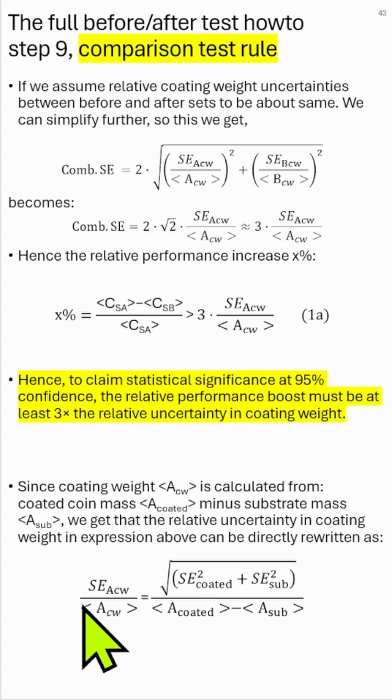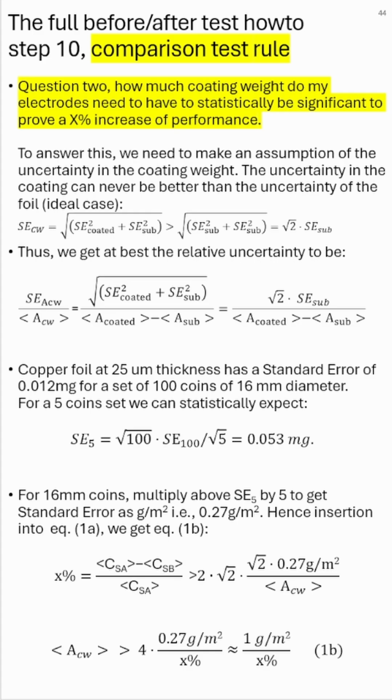So that relative error we can rewrite as the square root of the standard error of the coated electrode mass plus the standard error of the substrate mass, both in squared, of course, and square root of that. And the coating weight is, of course, the difference between the mean values of the coated electrode coin mass minus the substrate mass of the coin, right? The full before-after test, step 10, the comparison test rule.